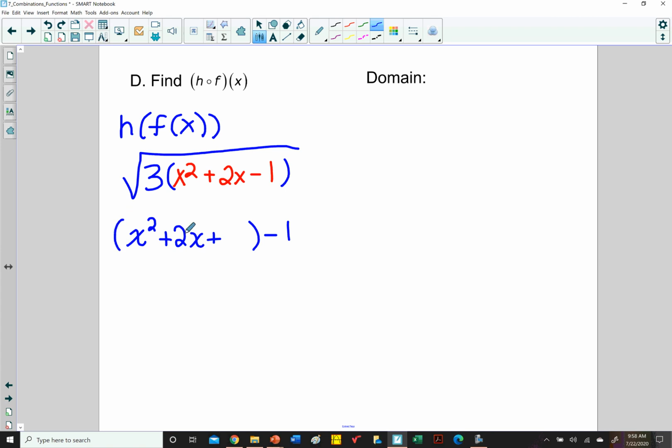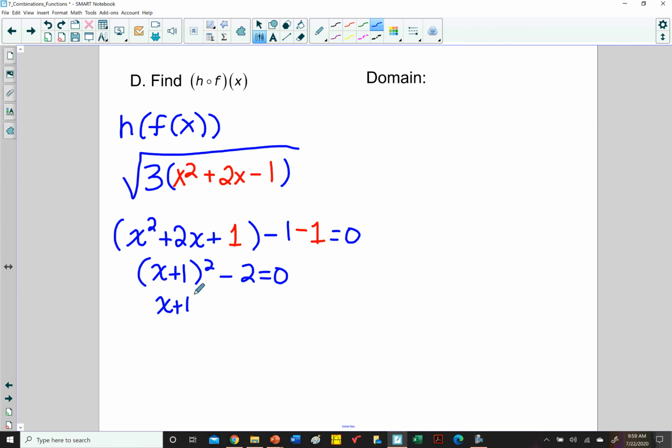So let's think about this. If you complete the square, half of 2 is 1, 1 squared is 1, so I want to add 1 in here and subtract 1 out here. And if we set that equal to 0, you have a binomial of x plus 1 squared minus 2, and we can solve that for 0.